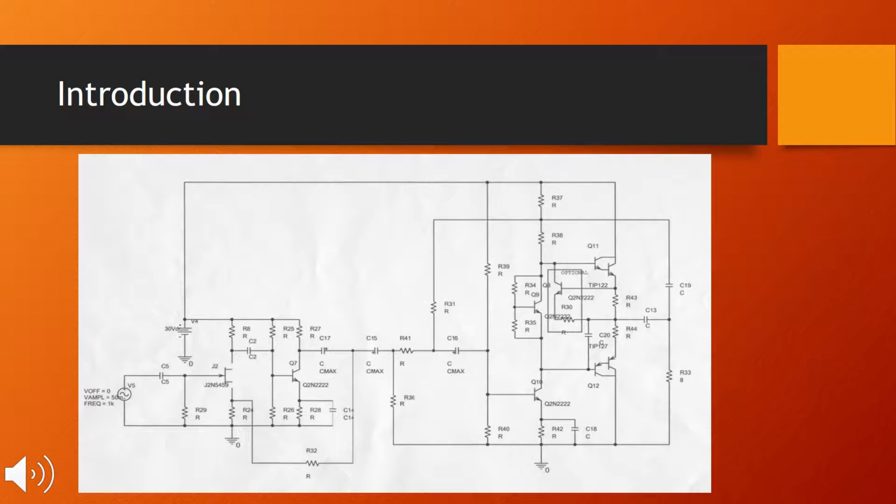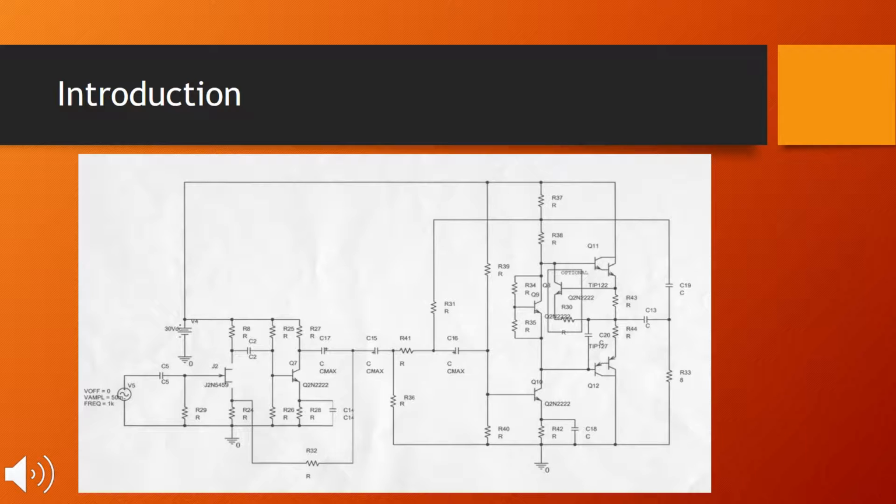The input AC signal is going to be a 50 millivolts peak to peak, 1 kilohertz sine wave. We are also using a 30 volts DC supply. For the experiment, we first worked with the preamplifier stage and verified that the output meets the required parameters.